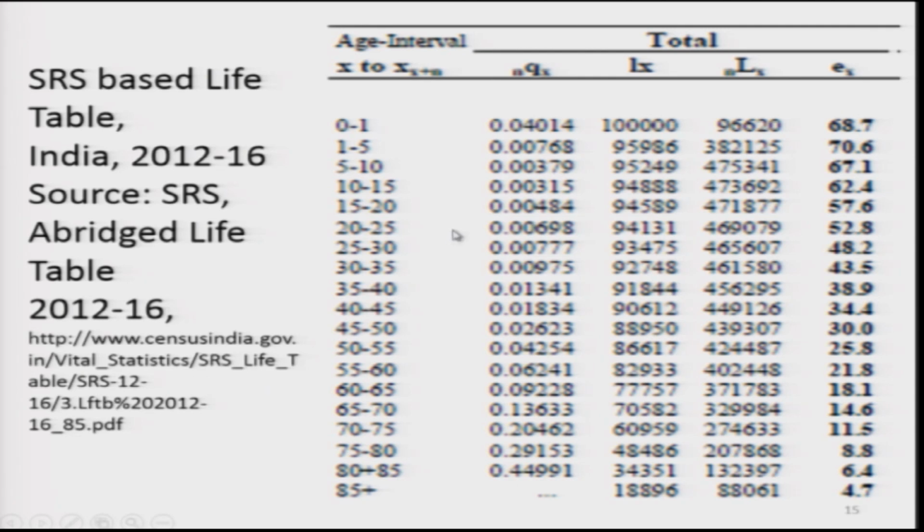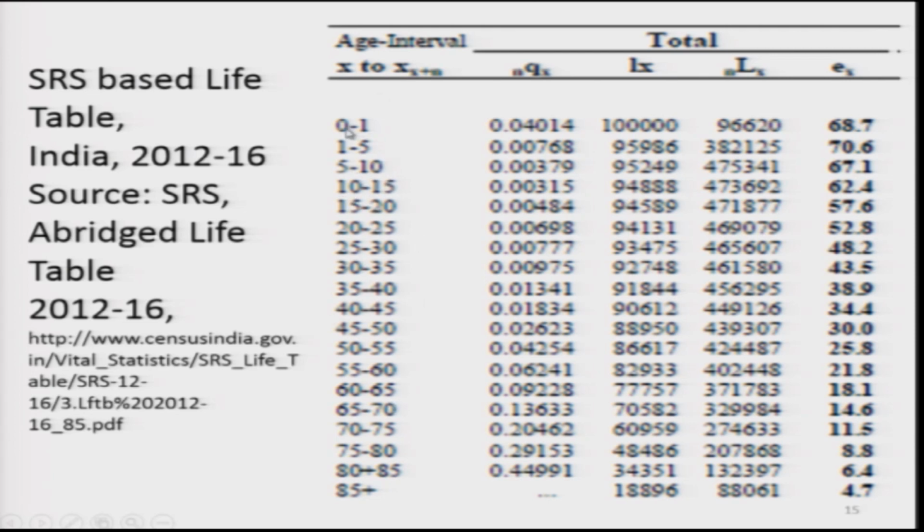Now, look at the columns of this. Actually, some life tables are more detailed. This SRS life table gives us 5 columns, and this is average, average because there are age groups.